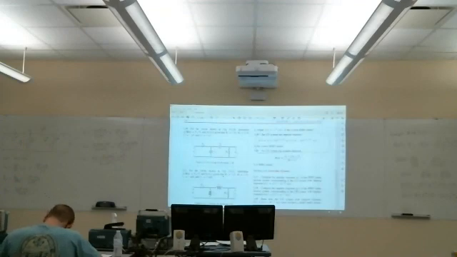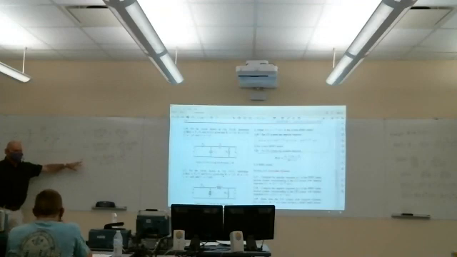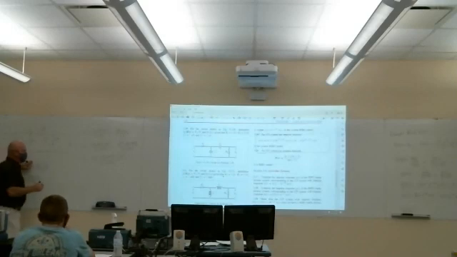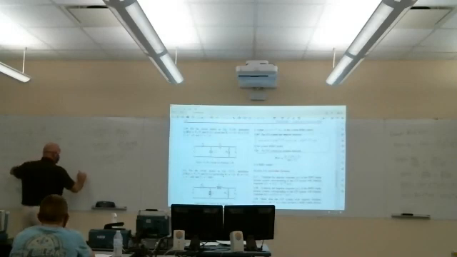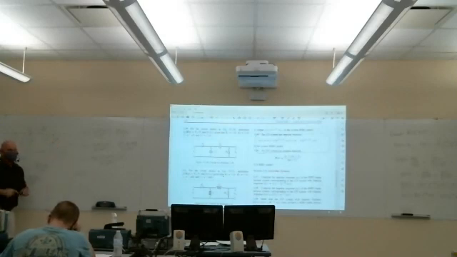Assuming I haven't made any mistakes, that's actually the input voltage when the output is 2, or said another way, if I had this input voltage, whatever this is, that would produce an output voltage of 2. The transfer function is the output over the input, so it's 2 divided by this.